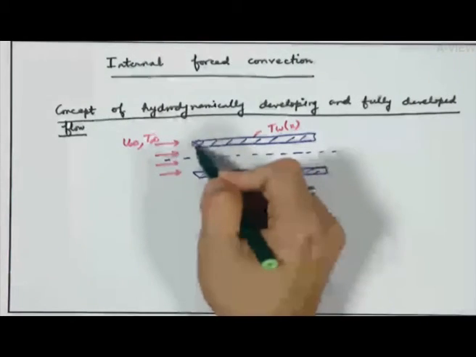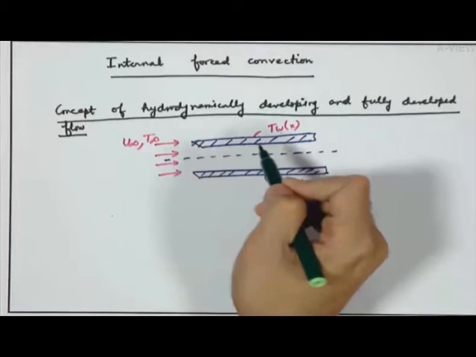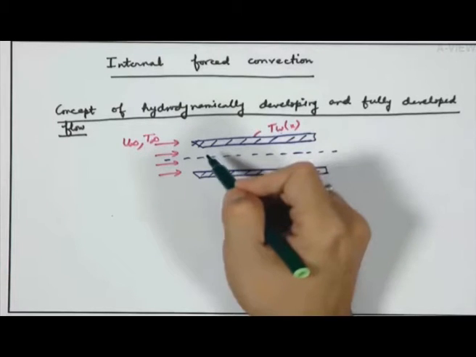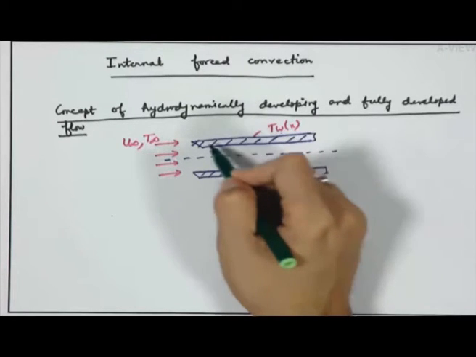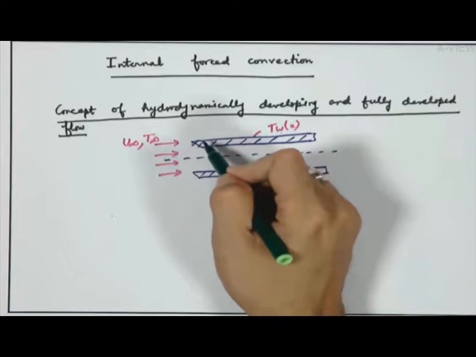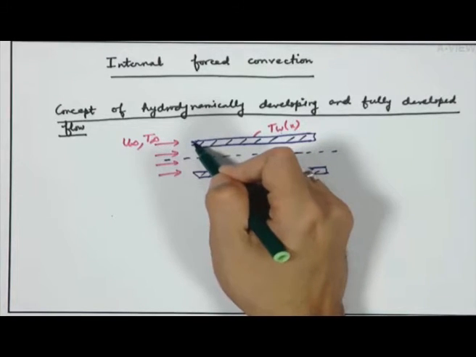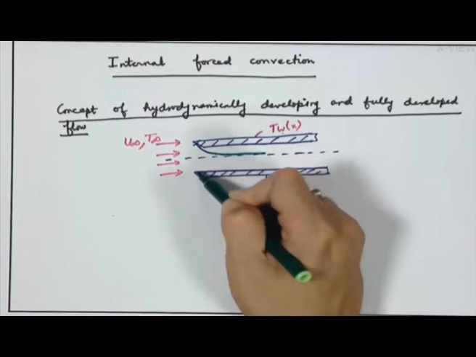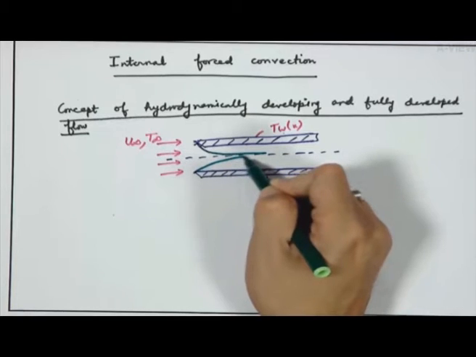Now, what happens is, when the fluid enters the channel, the boundary layers will start developing. We have discussed what the hydrodynamic boundary layer and thermal boundary layer are. Here first we will briefly discuss the hydrodynamic boundary layer. The hydrodynamic boundary layer will start developing from here and it will also start developing from here.